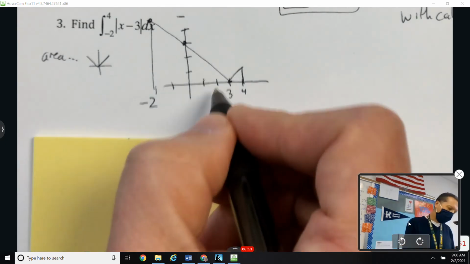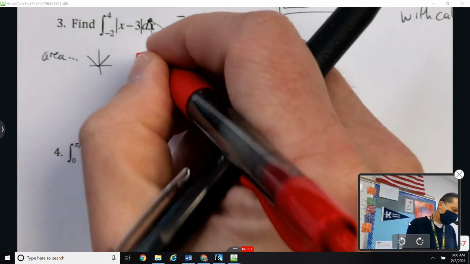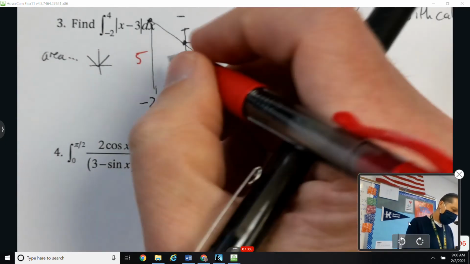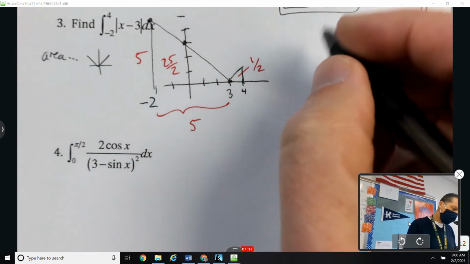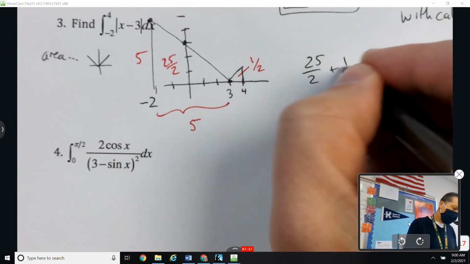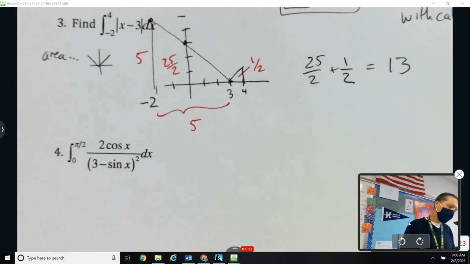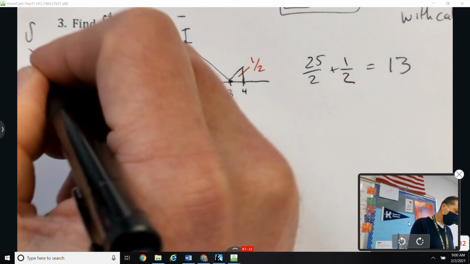So if I back up to negative 2, that width is 5, which means that height is 5. So now I'm just going to add the area of the two triangles. 25 over 2 plus 1/2 would be, well, you could leave it like that for 1 would be your answer. But 13. So don't forget that integral can mean area, but it can also mean antiderivative.